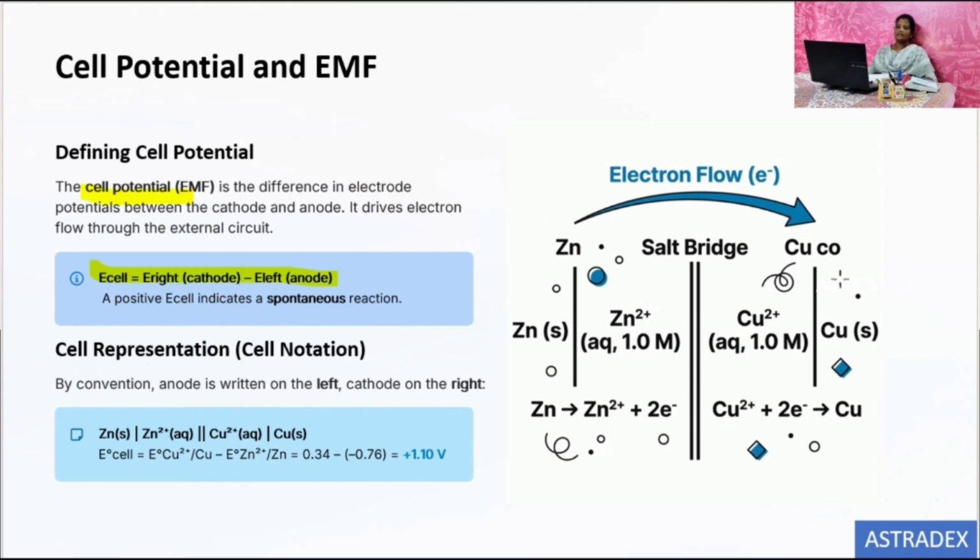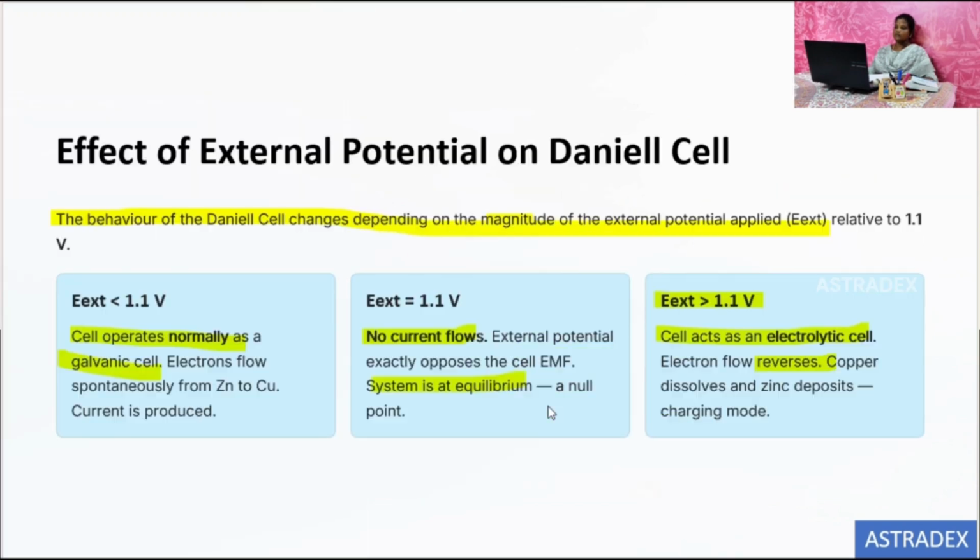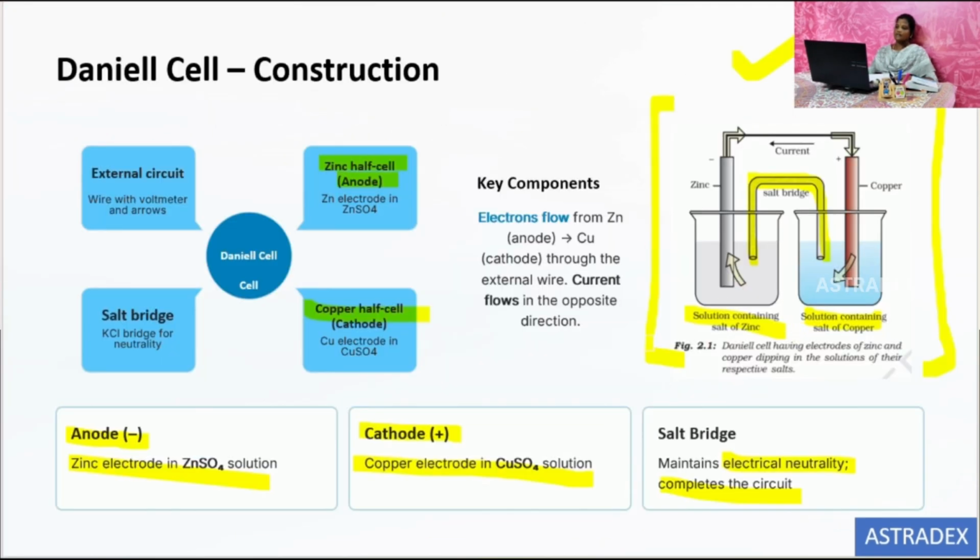If I take the Daniel cell setup, you can see the two beakers. If the question asks in which beaker the oxidation will take place and in which the reduction will take place, it is very easy to say that the reduction will always take place on the right side and the oxidation on the left side.